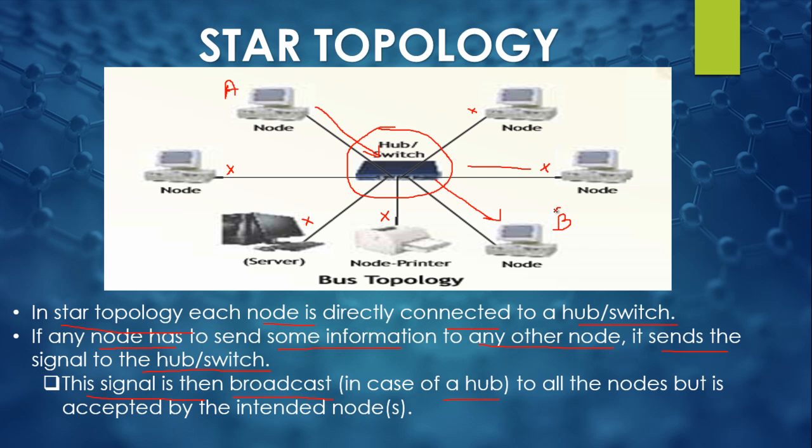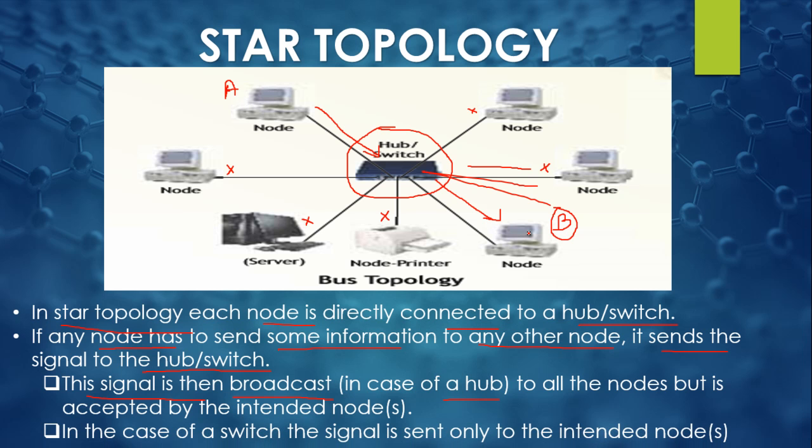So that's why that message is accepted by only B. But the hub will send the data to all the devices. All the systems will be given data by the hub, but the data is rejected by all the systems and accepted only by the system for which the message is actually sent.